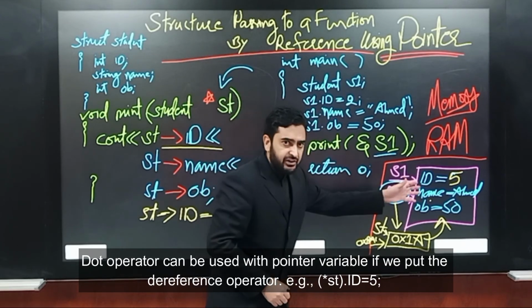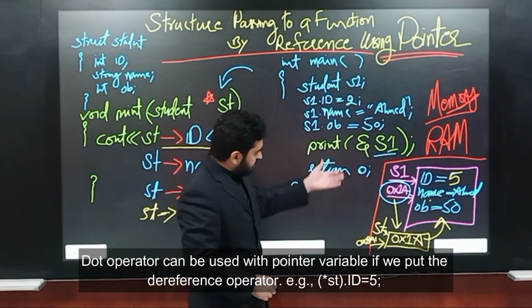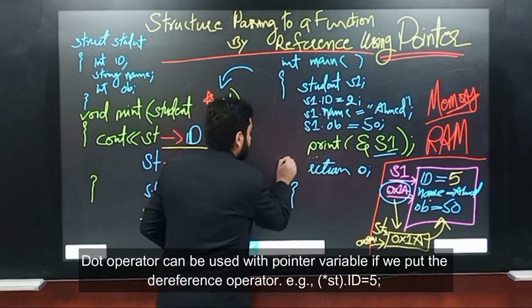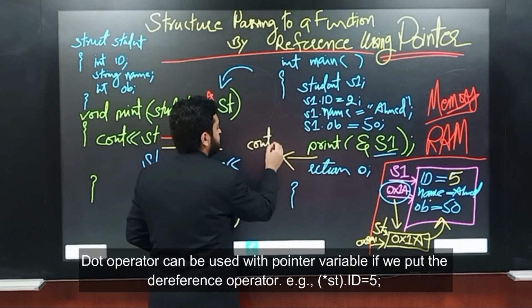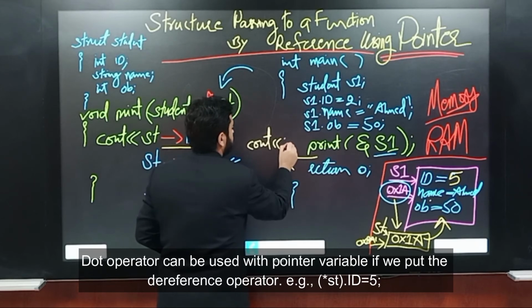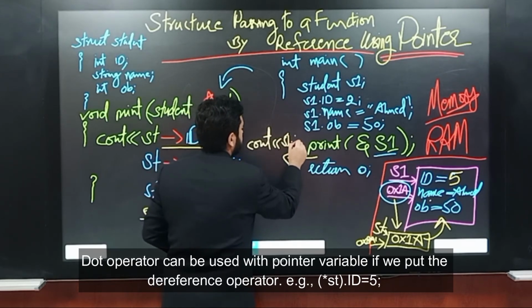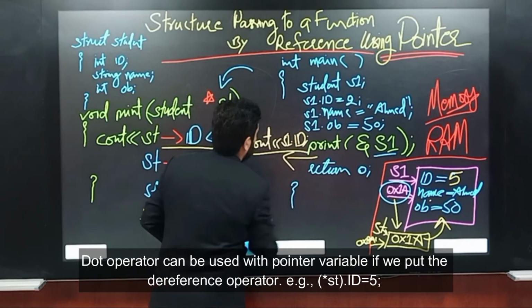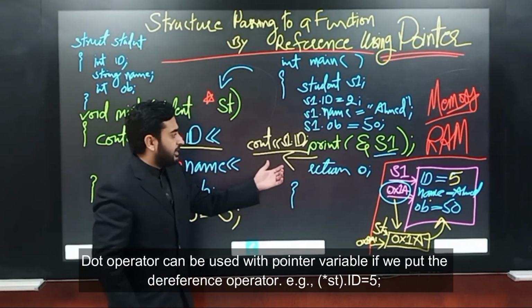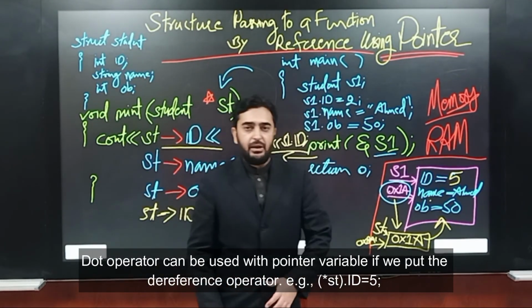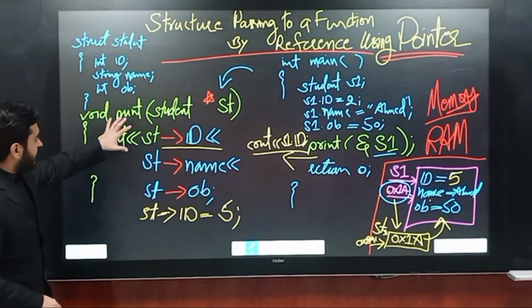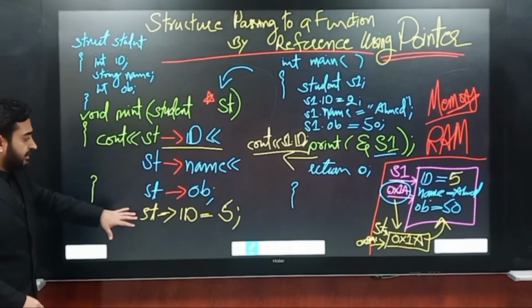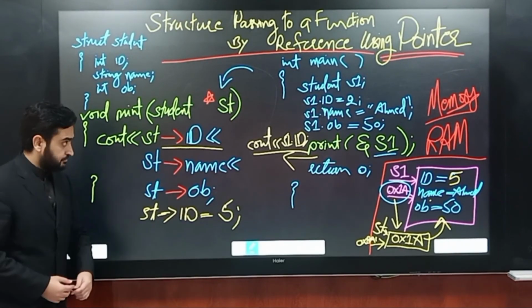And if you want to verify this change in the main function, you just need to write a cout statement after calling the function. So you can use s1 dot id, and then you will see that id has been changed or replaced with value 5, which was performed in the print function, the user defined function, through a pointer, okay.